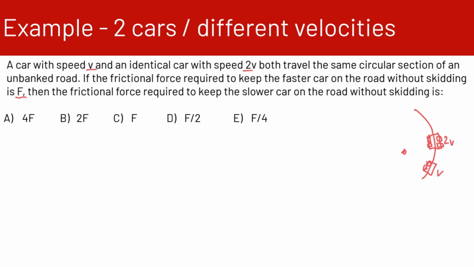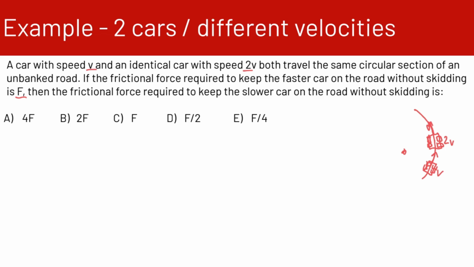So the tires on the road is what keeps the car traveling in this circular path. A car with speed v is going on this road, and we want to know what the force needs to be to keep 2v from skidding.